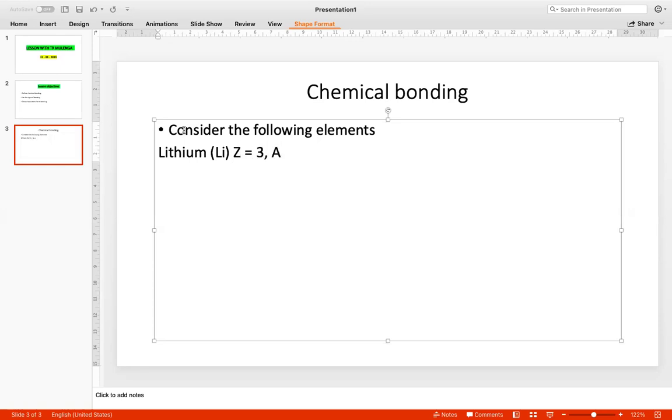The mass number represented by A is equal to 7. So if we are to write the electronic configuration of this lithium element, how will the configuration be? According to different scientific or chemical models that have been introduced, not advanced chemistry, not IBDP, not A levels, I'm just looking at basic science, it is suggested that the first shell gets 2 electrons.